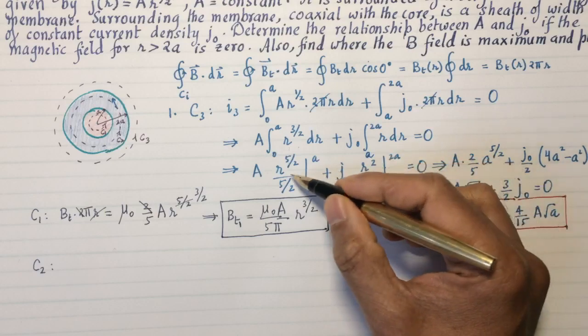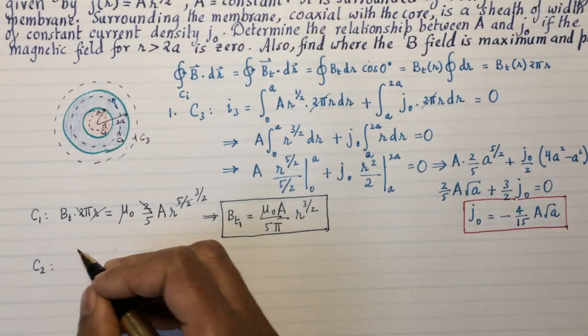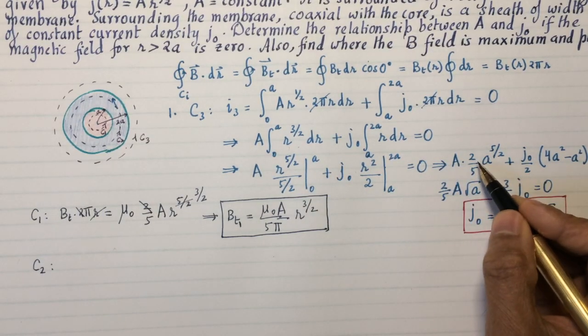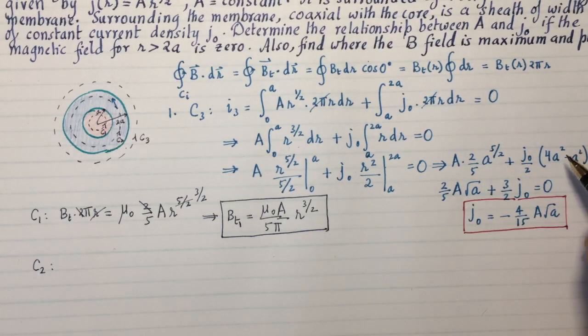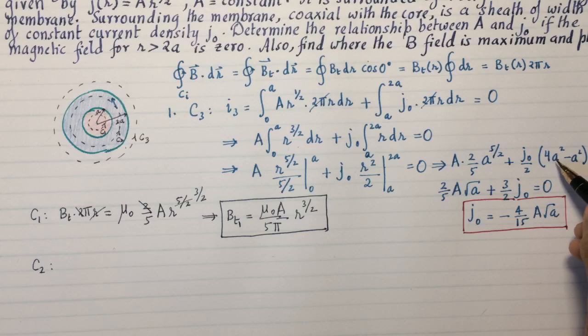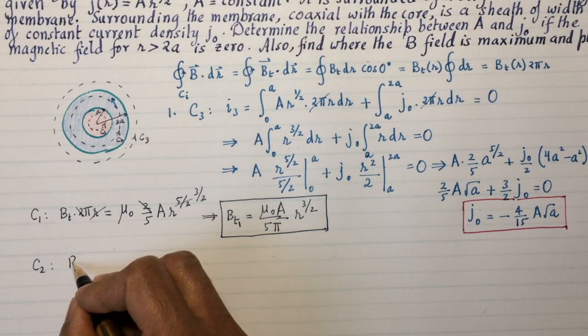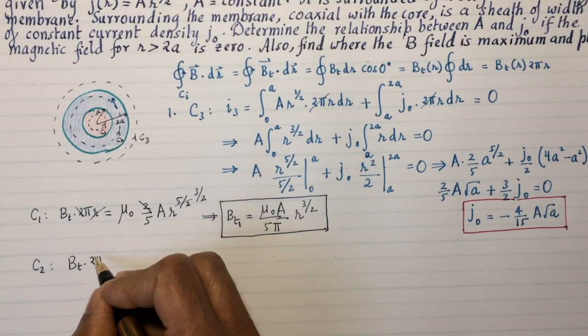So almost everything is already here. I just have to copy this part from here because I need the full pink material. And here all I have to do is take r squared instead of 2a whole squared. So that part can be imported.